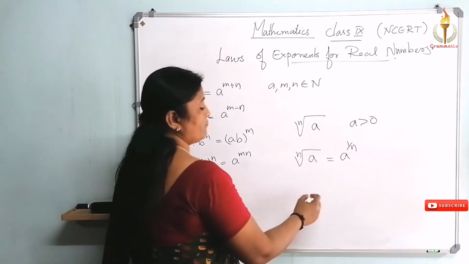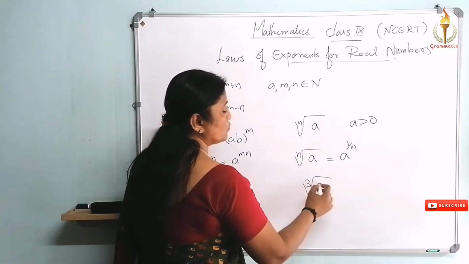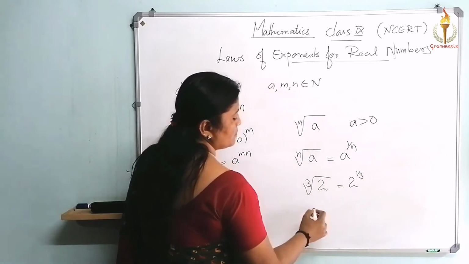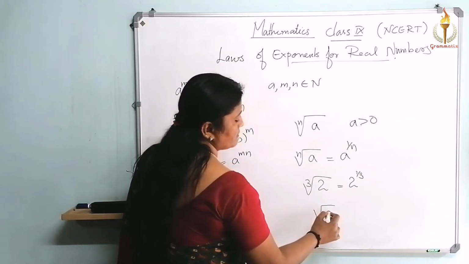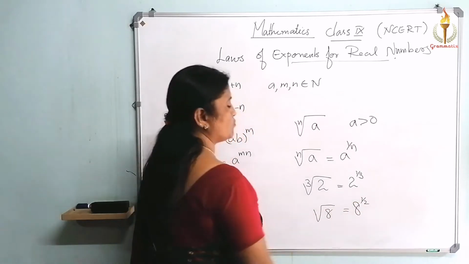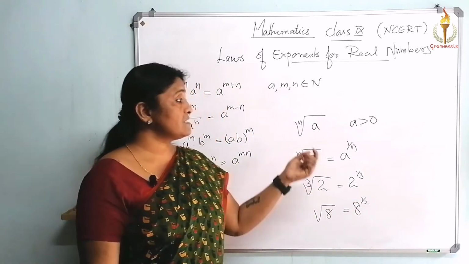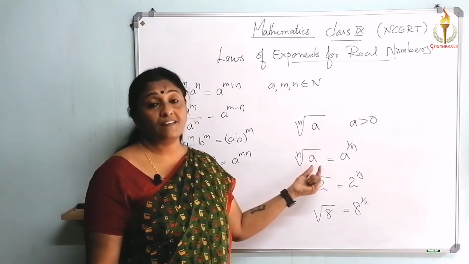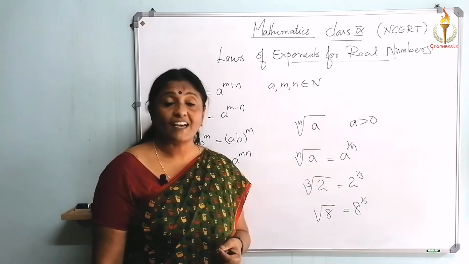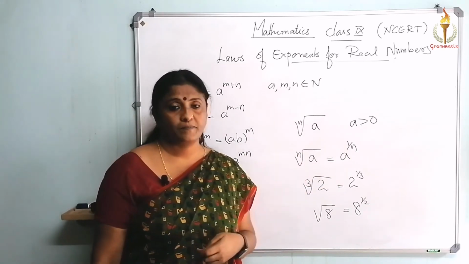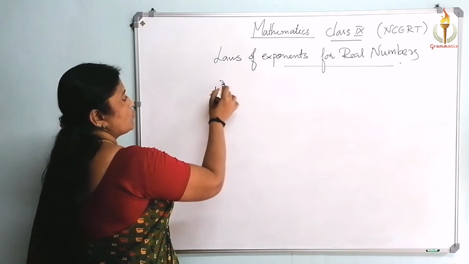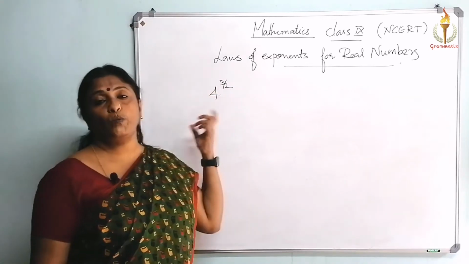For example, cube root of 2 becomes 2 raised to 1 by 3. Similarly, square root of 8 becomes 8 raised to 1 by 2. So this is how we write the nth root of a number in terms of a rational number as an exponent. For example, to find 4 raised to 3 by 2, you have two ways to solve this.